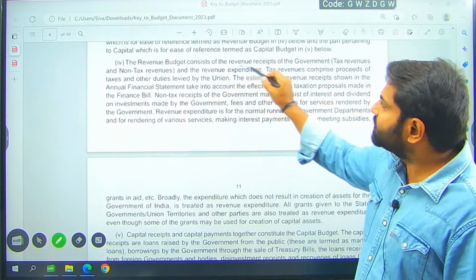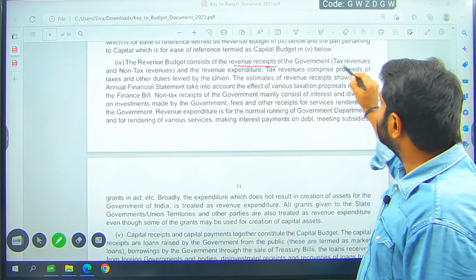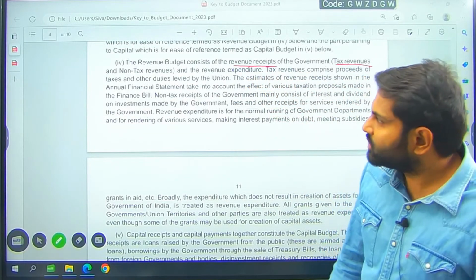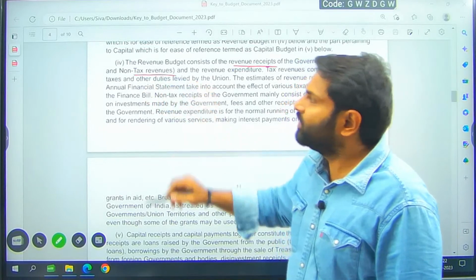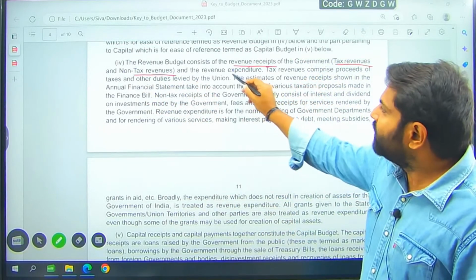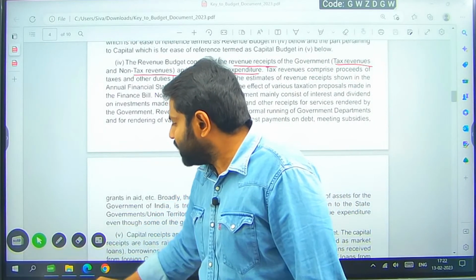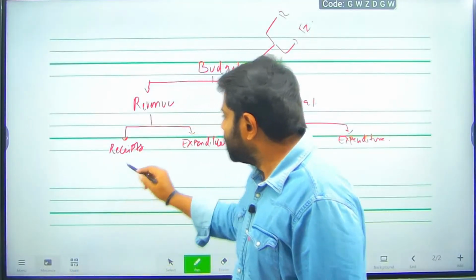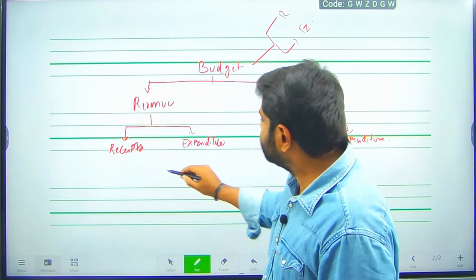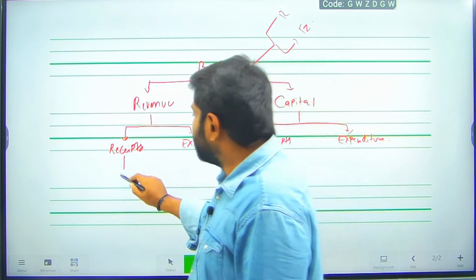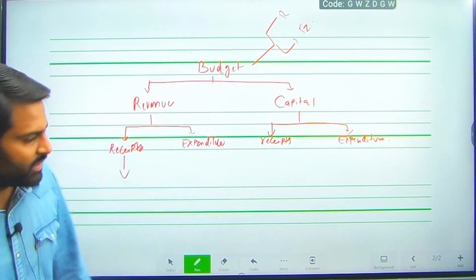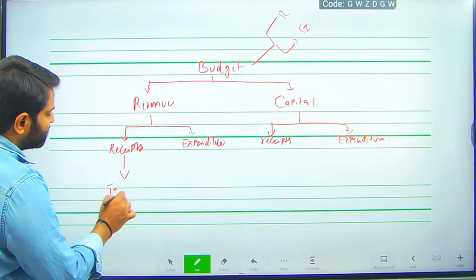Revenue budget consists of revenue receipts of the government, which are tax revenues and non-tax revenues, and the revenue expenditure. On one side, in receipts we have, for example, tax receipts and non-tax receipts.